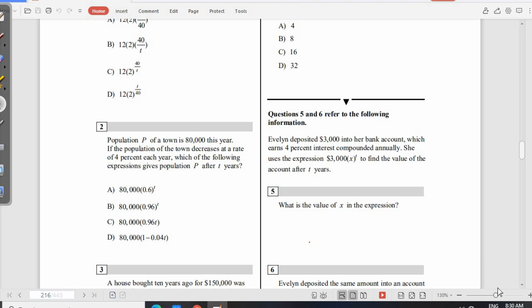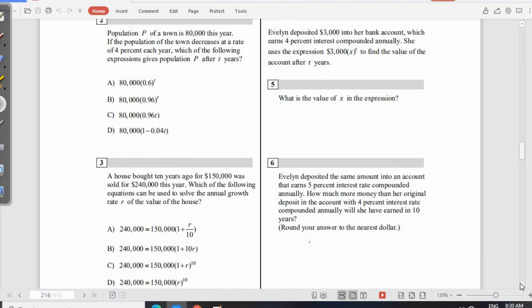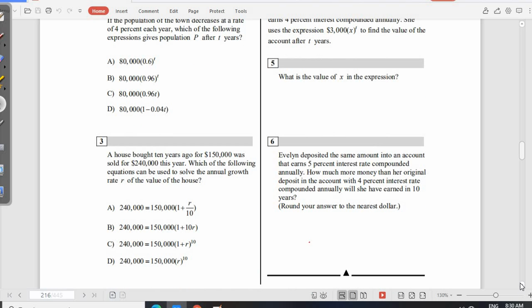If you're having question number 3 there, a house bought 10 years ago for 150,000 was sold for 240,000 this year. Which of the following equations can be used to solve the annual growth rate of the value of the house? So it was bought for 150,000 and sold for 240,000. So there's a growth, and how can we get that growth? We use the same formula.